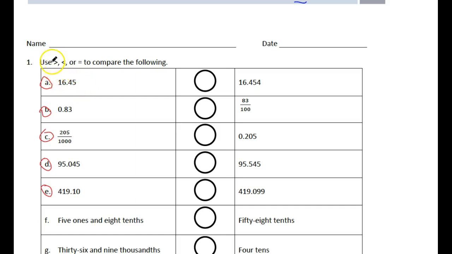What they're asking us to do is to compare two numbers and then use these signs. This one is called greater than, and this one is called less than, because for example, 3 is greater than 2. If we switched them and went the other way, we would say 2 is less than 3.